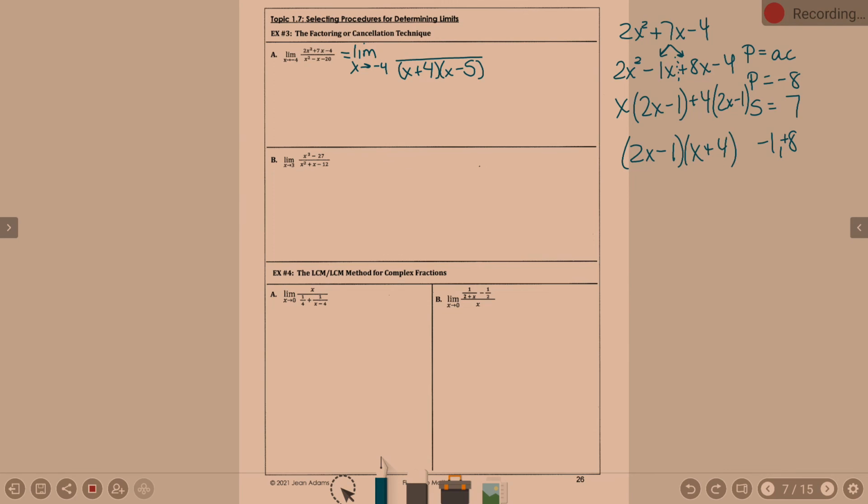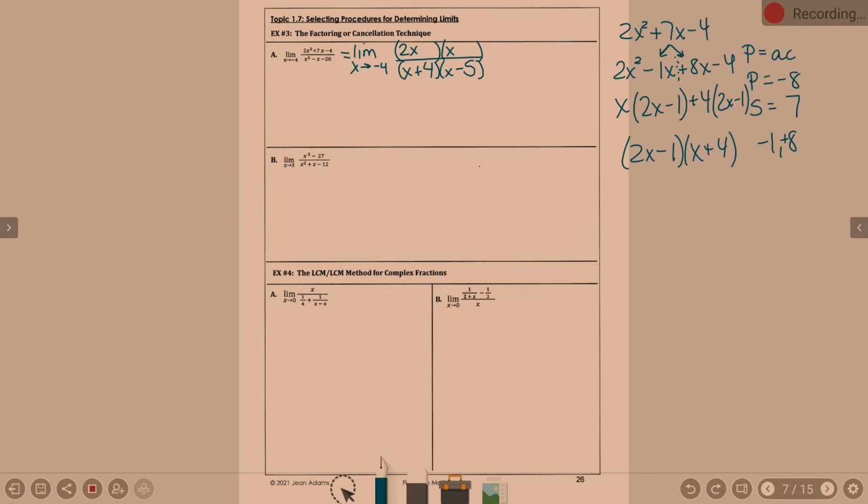Honestly, I would have done guess and check here, because here's some things I can tell you real quick with guess and check. 2x squared. What does 2x squared have to break into? 2x and x. Now, 4. What does 4 break into? It could be 2 and 2 or 1 and 4.